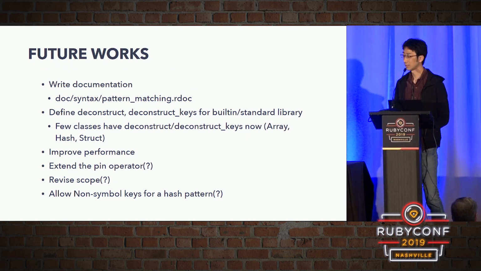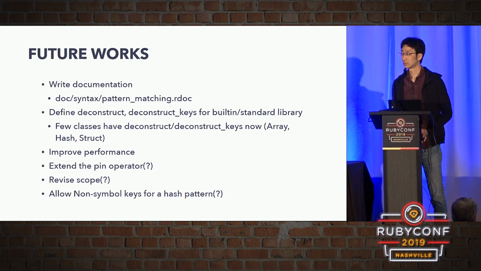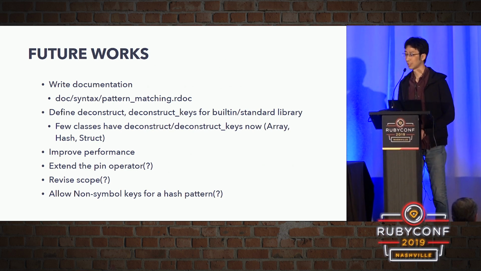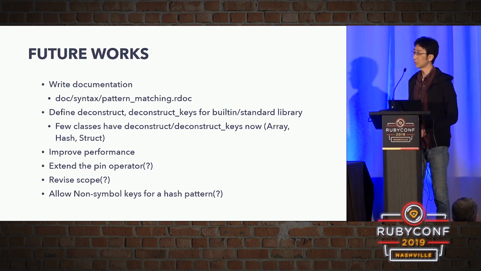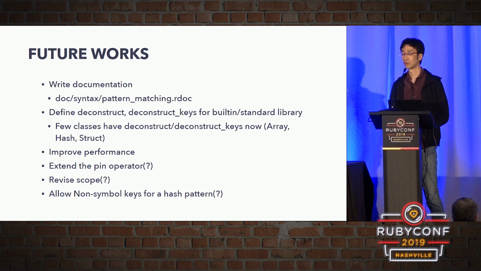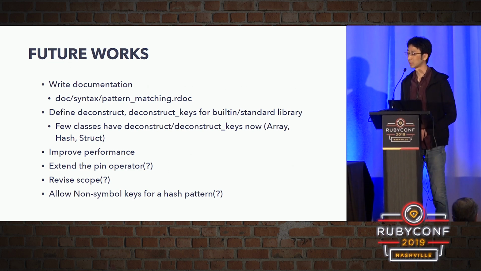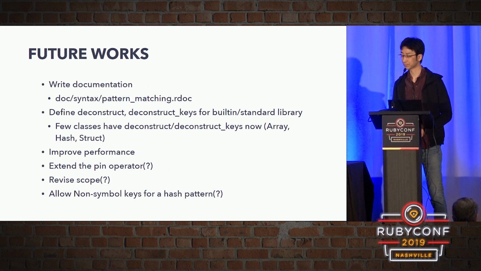And finally, there are future works. Since I don't have enough time to explain all, I skip the explanation, except one. This is writing documentation. It is very important to write an official document about the specification of pattern matching.